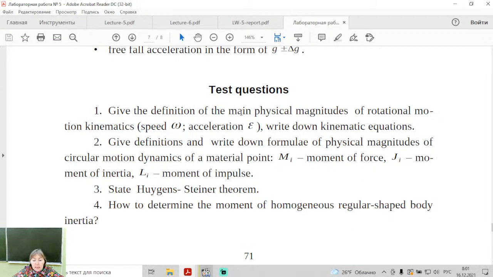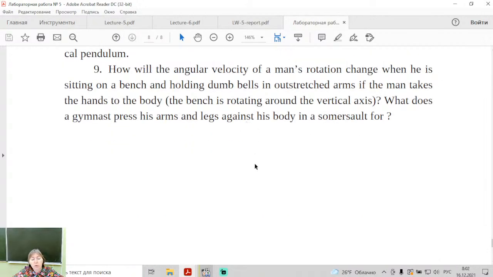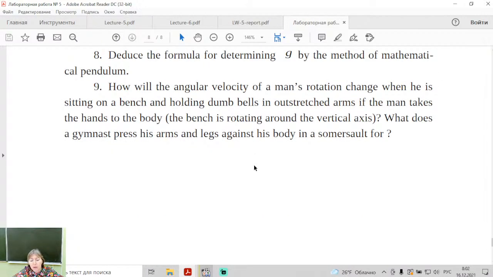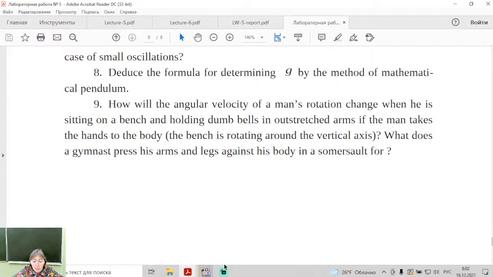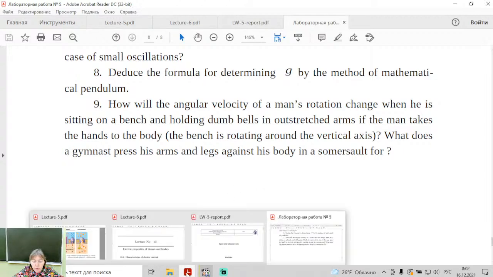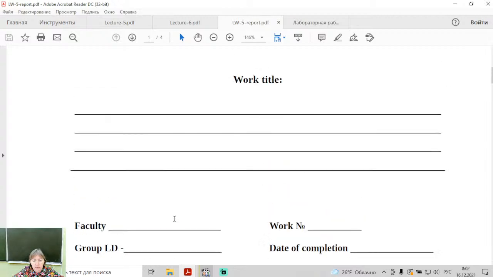Look at these test questions after laboratory work, at the end of the topic. And you have to choose the laboratory work number 5 report, print it and fill the gaps.